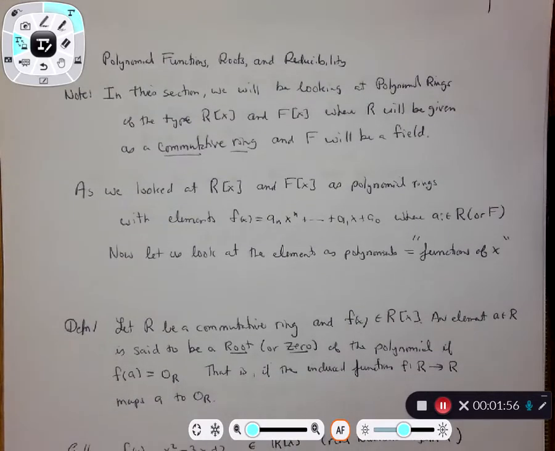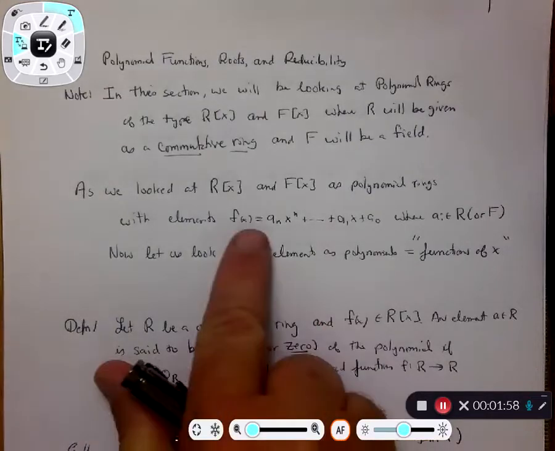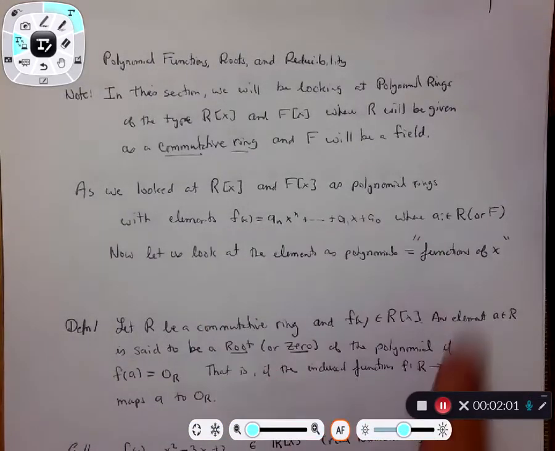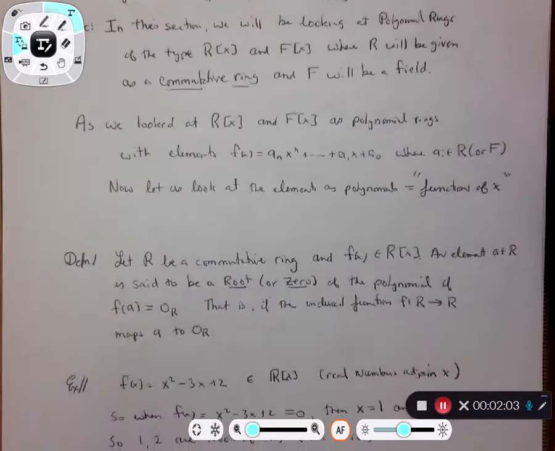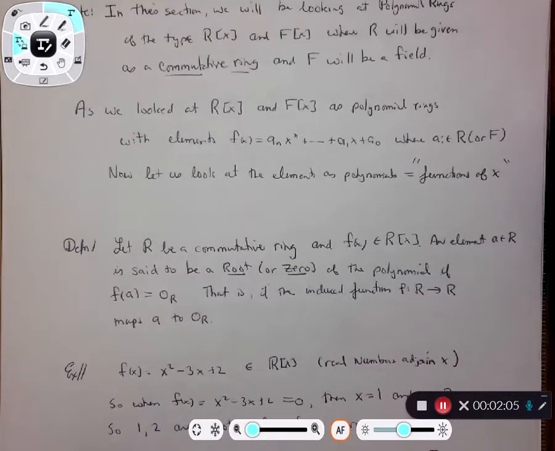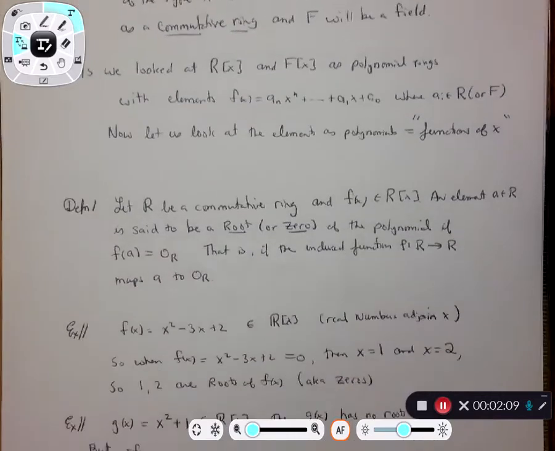Now, we're looking at these as actually functions of X. That's what this chapter is all about. We're going to be looking at that idea of irreducibility that we talked about in the last chapter. So, definition.